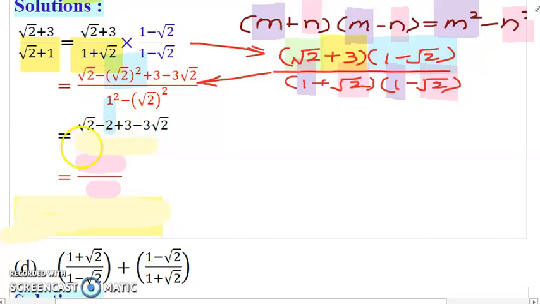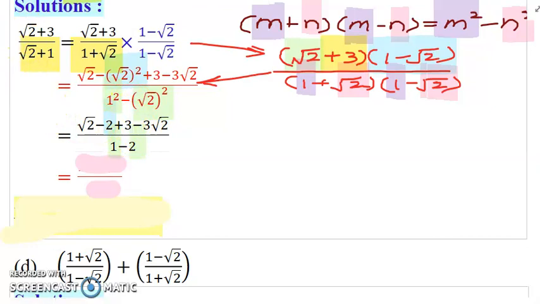Then at the bottom, we have the answer. According to the arrangement, it should be 1 minus 2, where the square of 1 is 1, the square of square root of 2 is 2, and between them is minus. As a result, we further simplify the terms on the numerator.